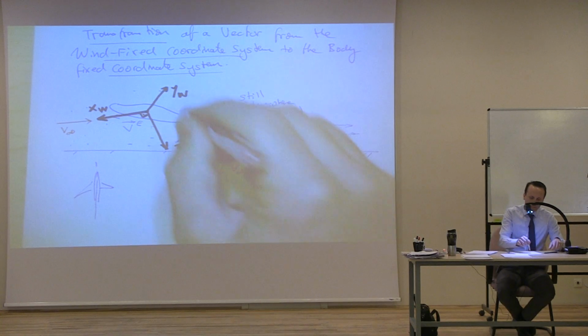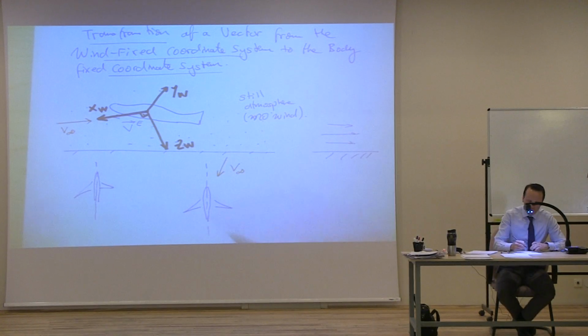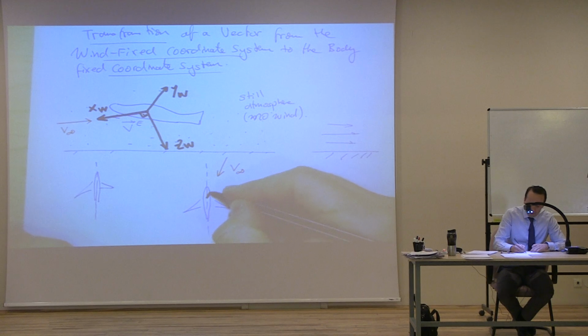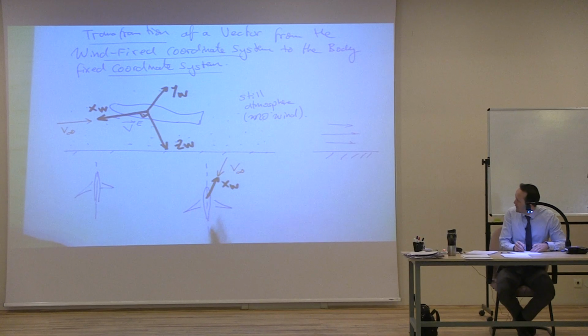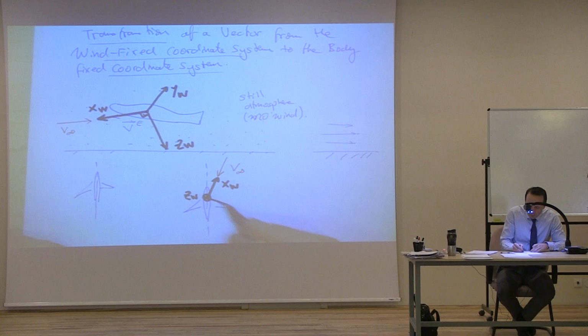So, plotting the same picture from above would look like this. Xw would be pointing towards V infinity, okay? Zw would be in the symmetry plane, which would be 90 degrees into the plane. Zw would be into the plane, and Yw would look like this.